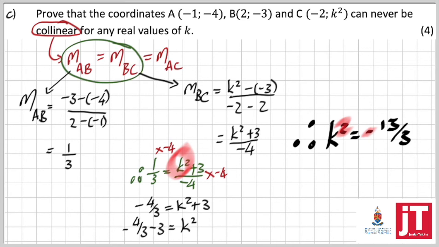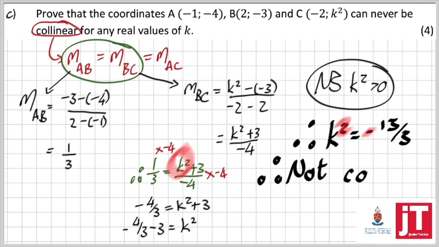It's a positive. So no matter what real value I put in there, can it be negative? Well, no. k squared must be positive. So therefore, the three sets of coordinates cannot be collinear for any real value of k. Wow.